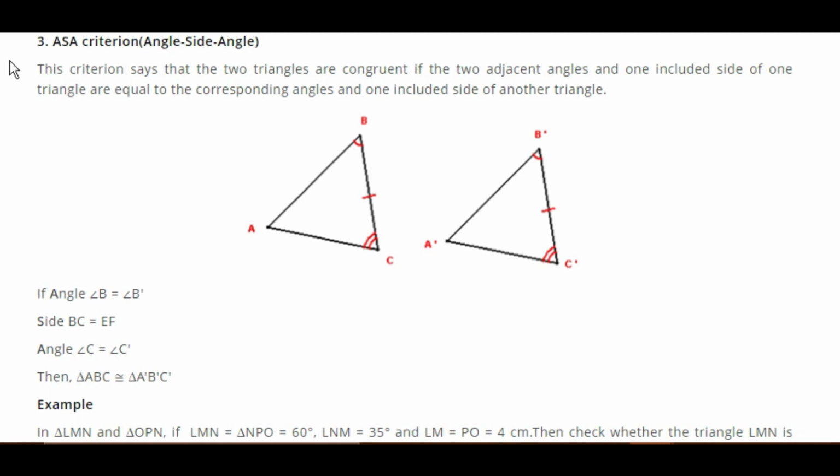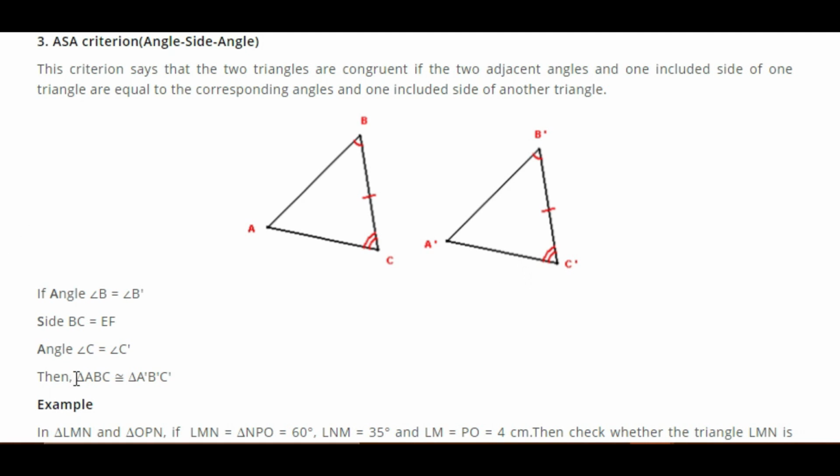So here we can see that angle B is equal to B dash. How can we say that? Because here we have one mark and here also we have one mark. BC is equal to B dash C dash, and angle C is equal to C dash.